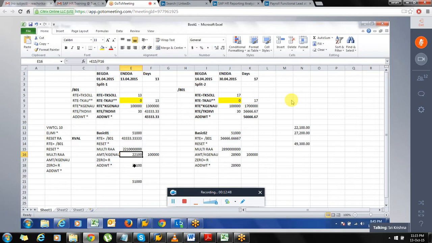So already we got the amount here using this MULTI function, and we require only the amount. There is no requirement of rate, so we are putting 0 is equal to R, which means it will make rate equal to 0. If you put 0 is equal to RA, amount will also become 0. Everything will become 0.